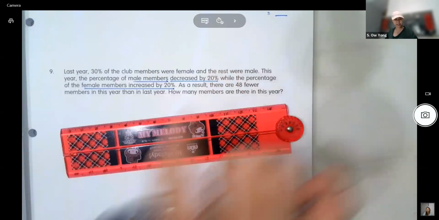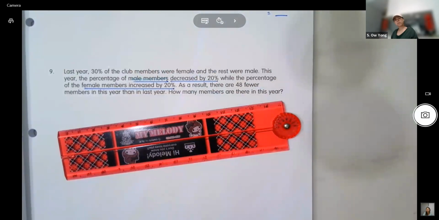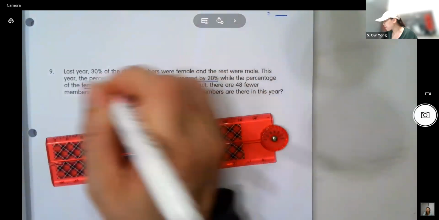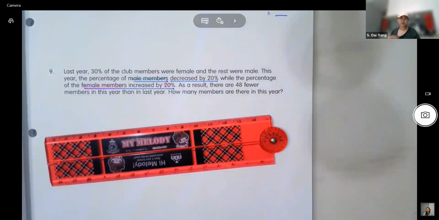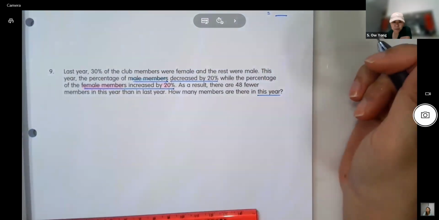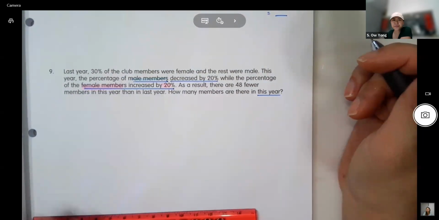This 20% comes from the male, as you take male members as 100%. But the second 20% comes from the female members, that we take as 100%. As a result, there were 48 fewer members this year than last year. How many members were there this year? They are interested in this year.